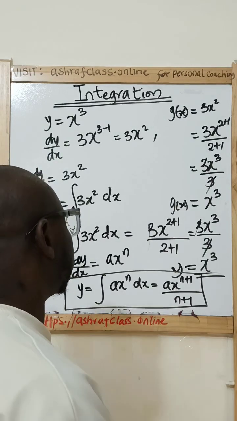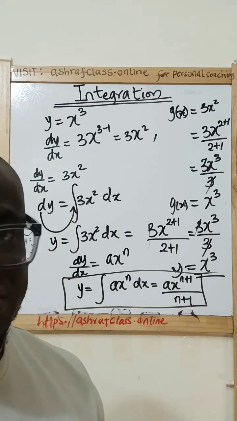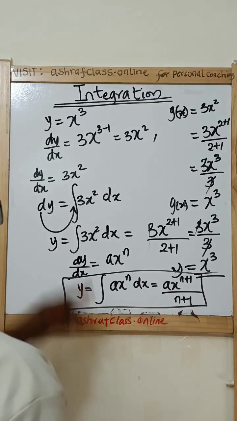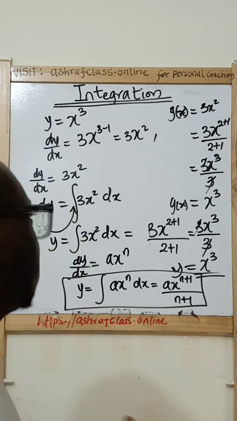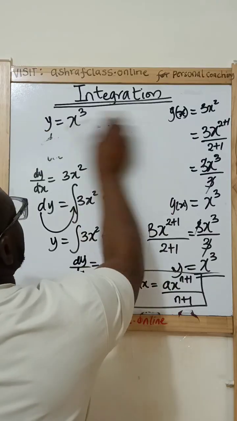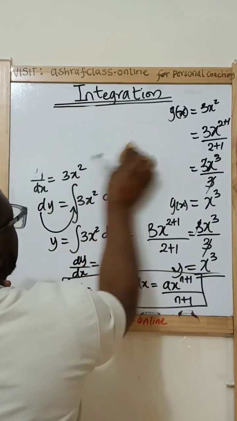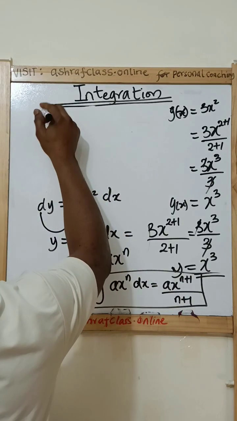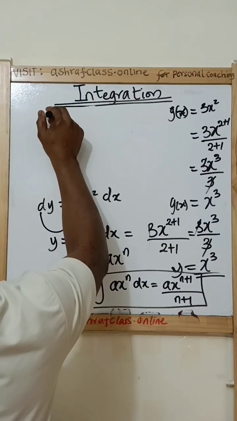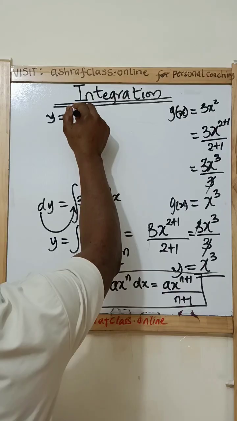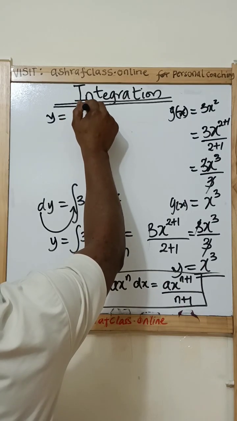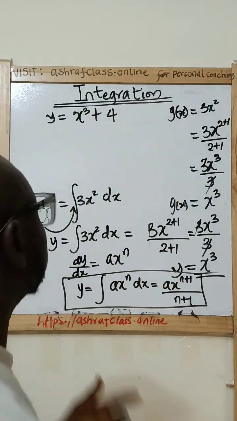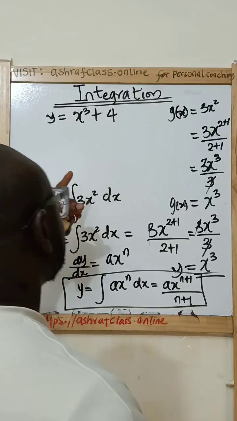Now there is something else we also need to take note of, which is if the function has a constant attached to it. If for instance we have y equal to x cubed plus 4, what is going to happen if we differentiate this?